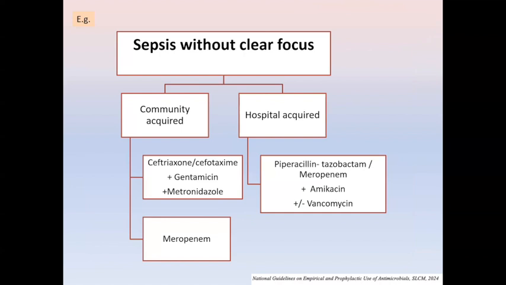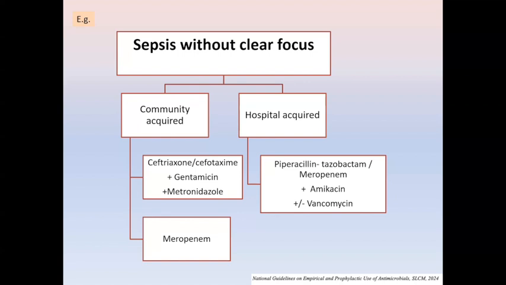That's what happens in sepsis, when bystanders don't know whether the patient had any problem at home. We can guess whether it is community acquired or hospital acquired. According to our local guidelines, if the patient comes from the community, because the most common etiology would be the conditions I have already mentioned, cefotaxime or ceftriaxone plus gentamicin plus metronidazole to cover anaerobes would be good.